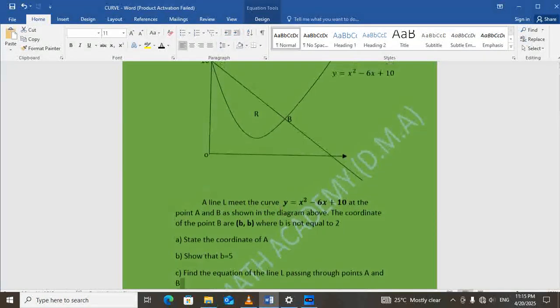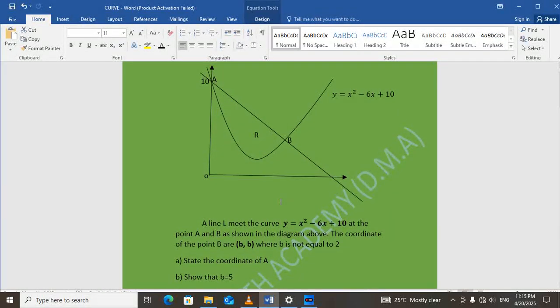As we all know, the solution is already there. I'm just going to explain. The first question says that we should look for the coordinate of A. We just state it, meaning that we're just looking at the answer. This is point A, right?